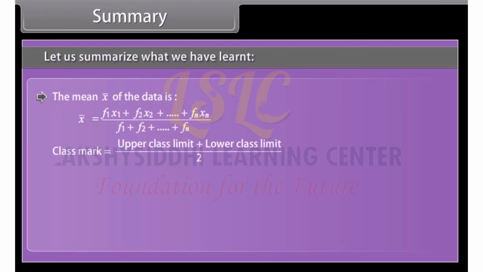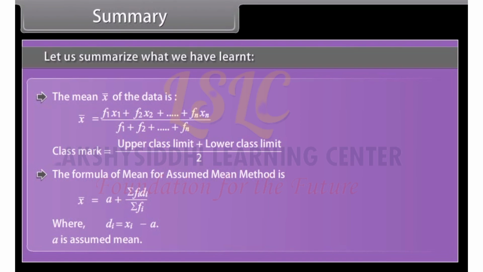Class mark equals (upper class limit plus lower class limit) upon 2. The formula of mean for the assumed mean method is assumed mean plus summation of the product of fi and di divided by summation of fi, where di is equal to xi minus a. a is the assumed mean.